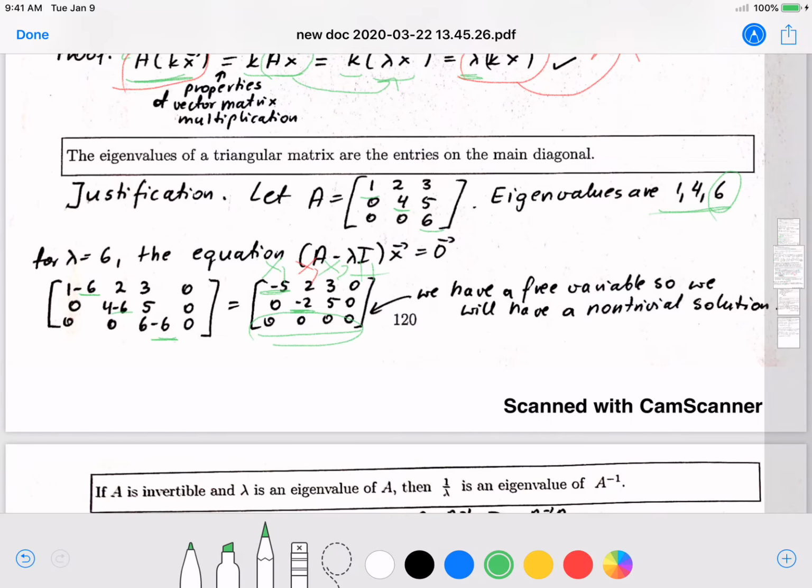So since we have a free variable, this equation will always have a non-zero solution. So therefore, indeed, the main diagonal entries will be eigenvalues of that matrix.